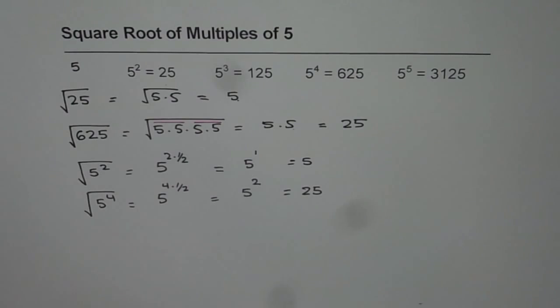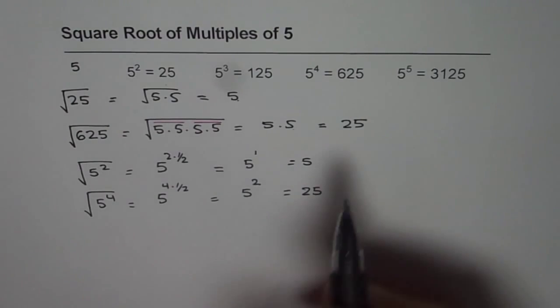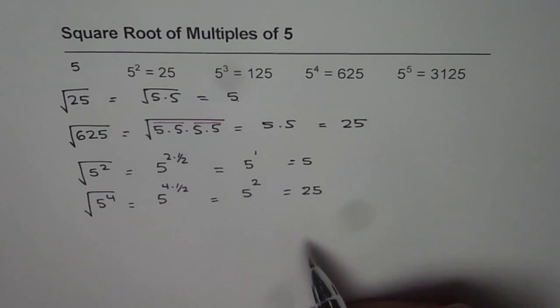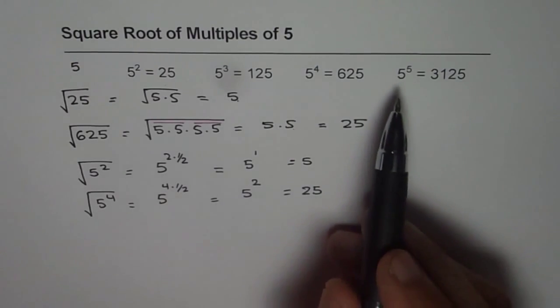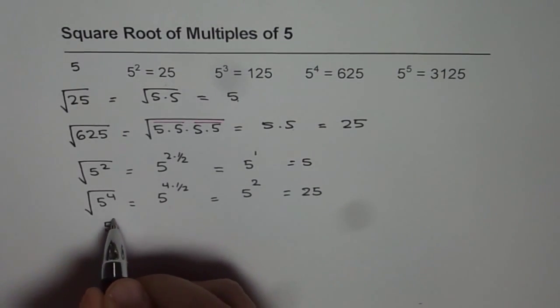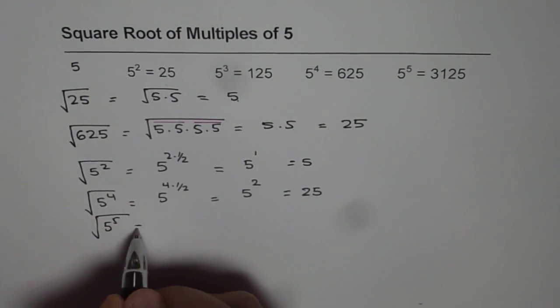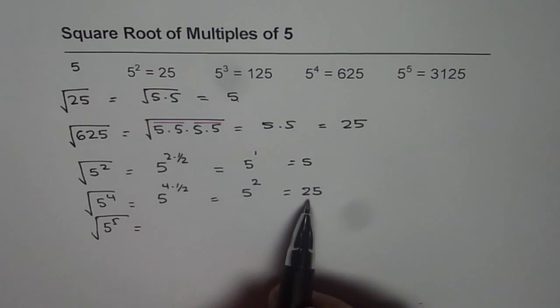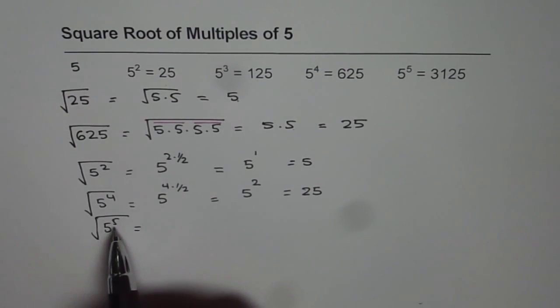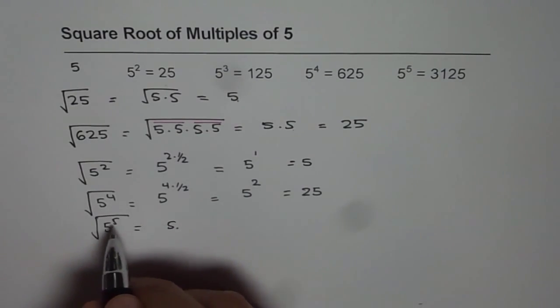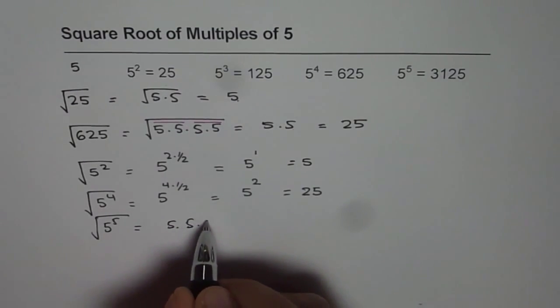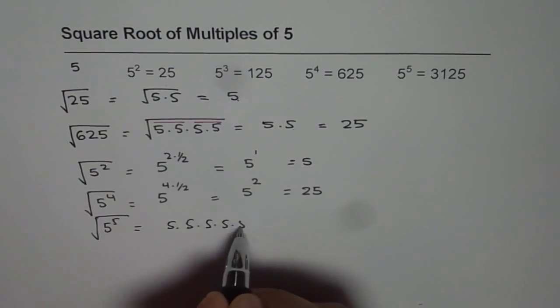I hope that helps. Now the question is, will you always get a whole number as your answer? Well, if I have the square root of 5 to the power of 5, then I'm not going to get a whole number, right? Because this is not even. If I divide 5 by 2, I get 2.5, right? So 5 to the power of 5 is 5 times 5 times 5 times 5 times 5.